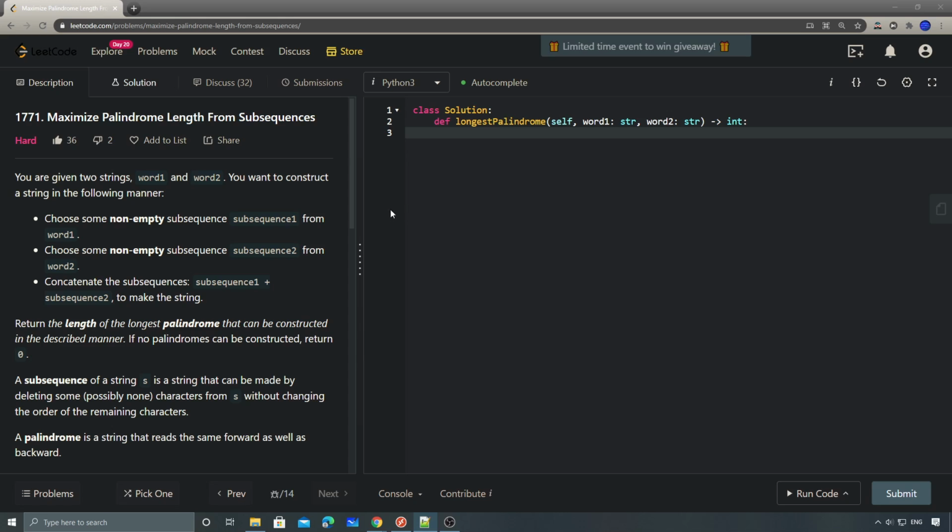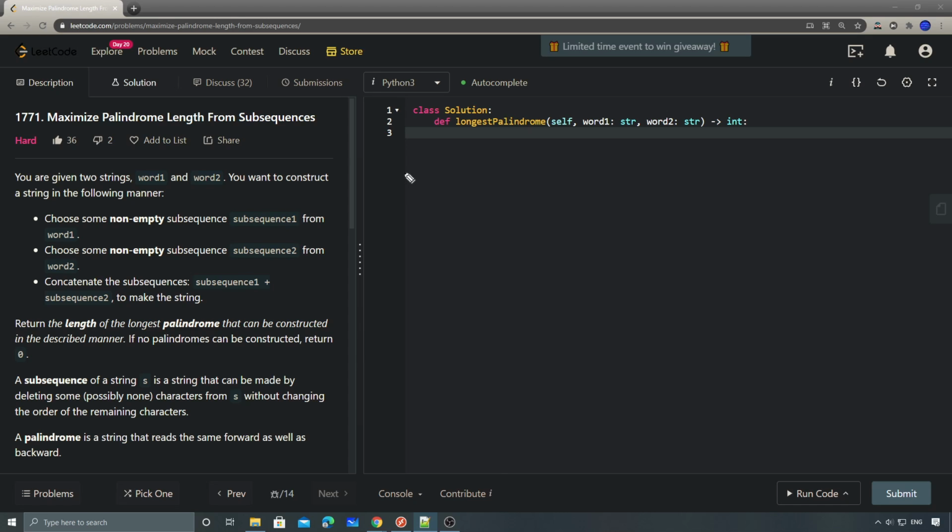So the way we should solve this problem is, you guys pretty much all know how we can calculate the longest palindromic subsequence for a given string. We can use DP, dynamic programming, to calculate that.